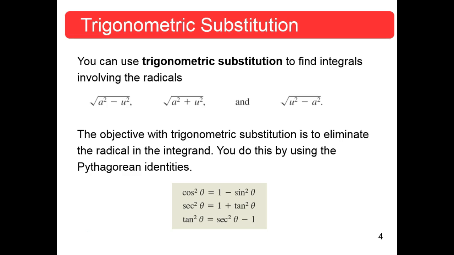Wherever you find these, whether in numerators and denominators or mixed up in whatever, these will lend themselves to trigonometric substitution. Because if you try to integrate this, you're going to have a hard time. There's no du to be found here, okay? So you're in trouble if you don't use the trig substitution.